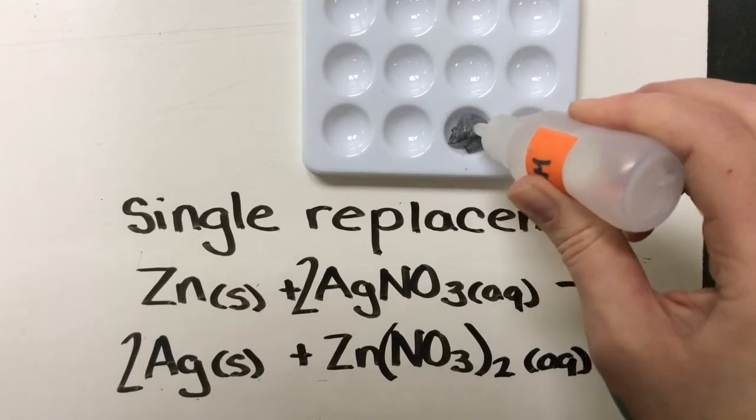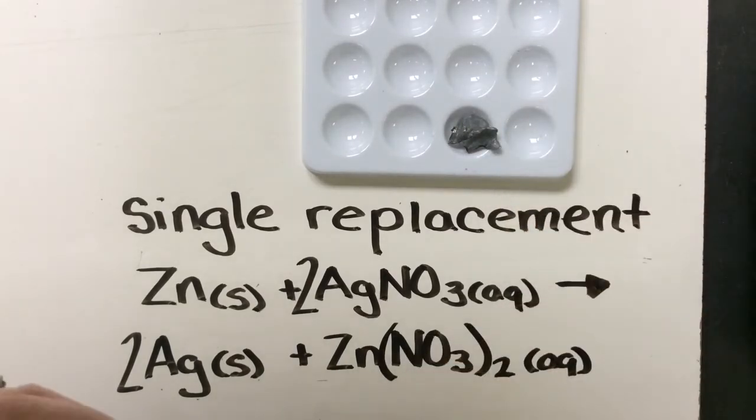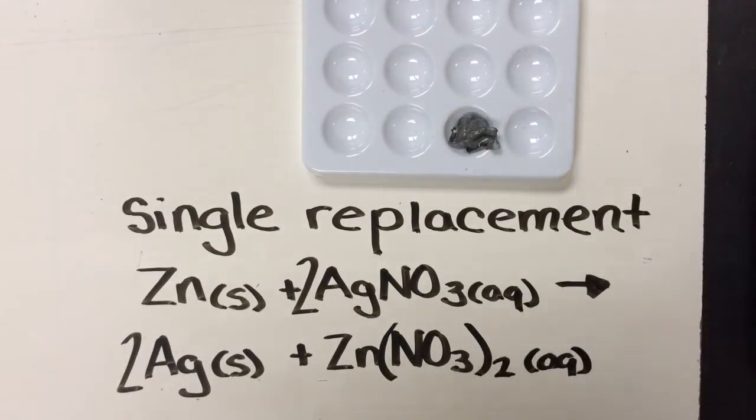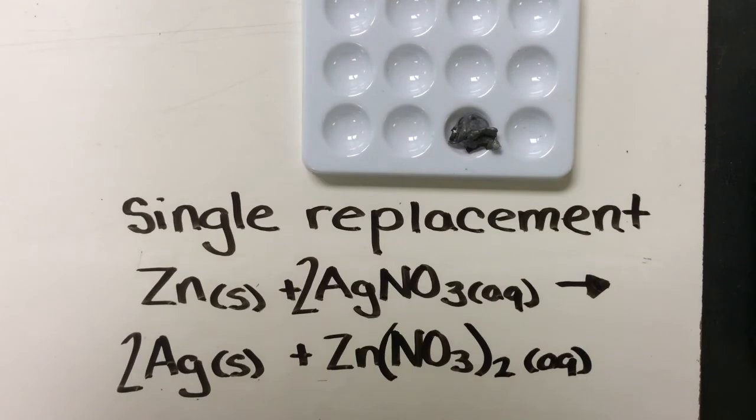What's happening here is that the zinc is donating its electrons to the solution, and silver is actually coming out of solution as it grabs those extra electrons. You can tell in the video that the zinc is now getting darker, and that's because it is being coated with silver.